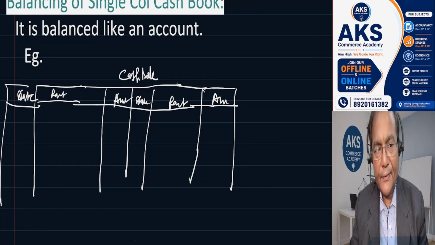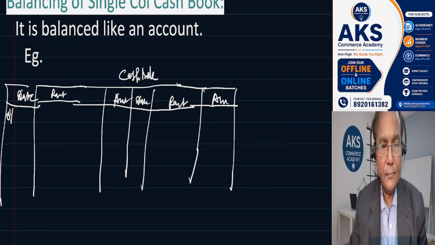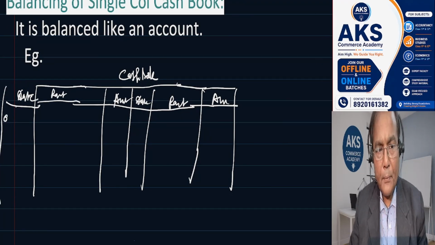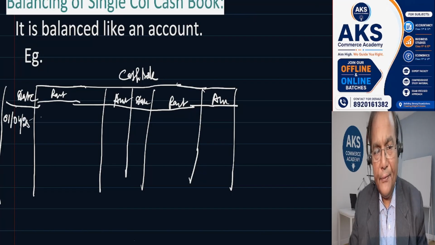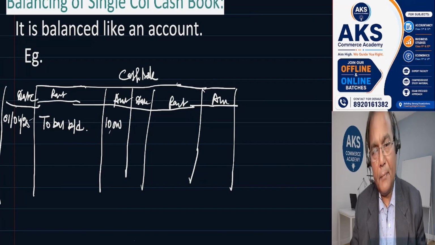So opening balance, let's say 1st January or 1st April. We'll write it this way: 1st April 25, to balance brought down, let's say 10,000. During the year, some payments were made.